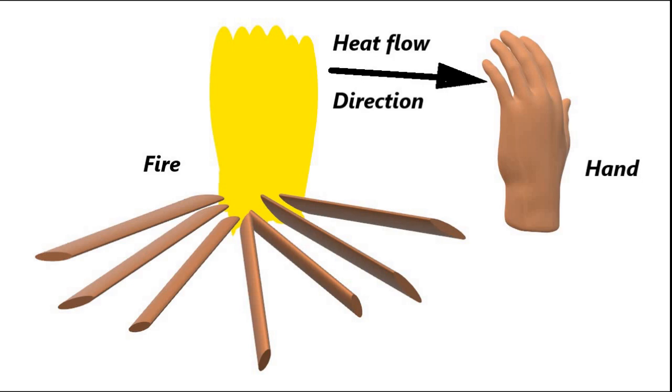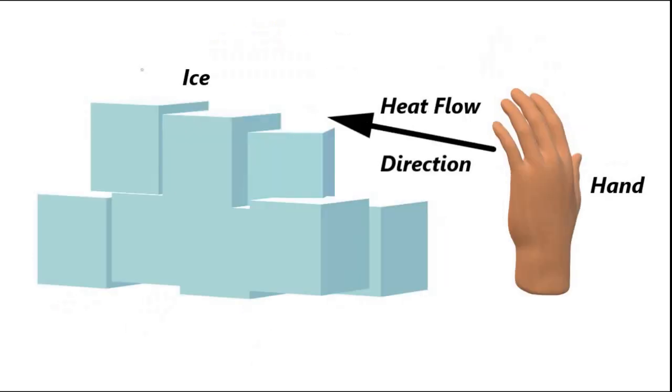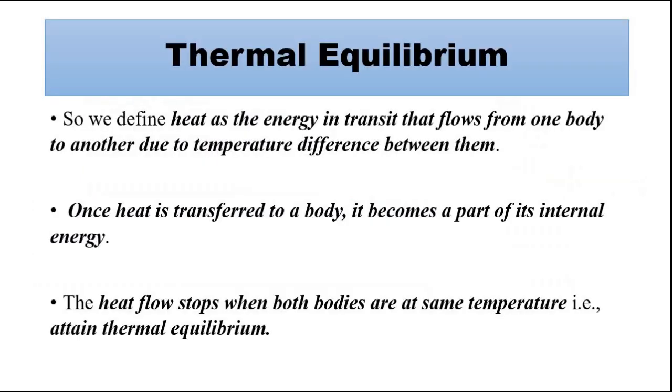Heat flows from a body which is at a higher temperature to a body which is at a lower temperature. That we have already discussed in heat and temperature. There is another important concept, thermal equilibrium, which you need to be clear about before we discuss calorimetry.